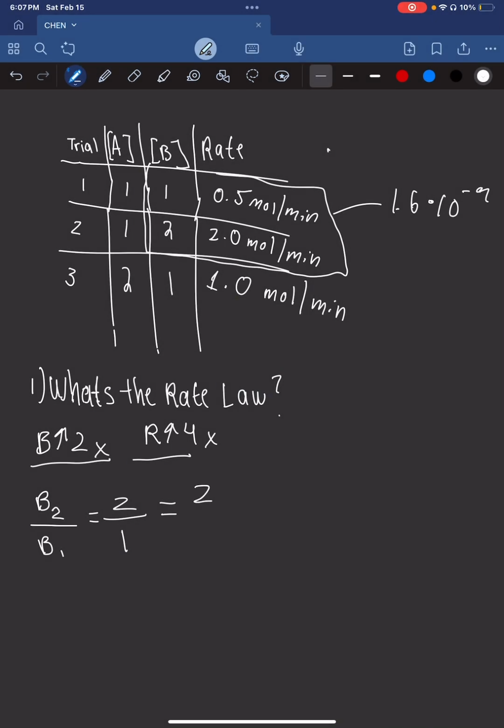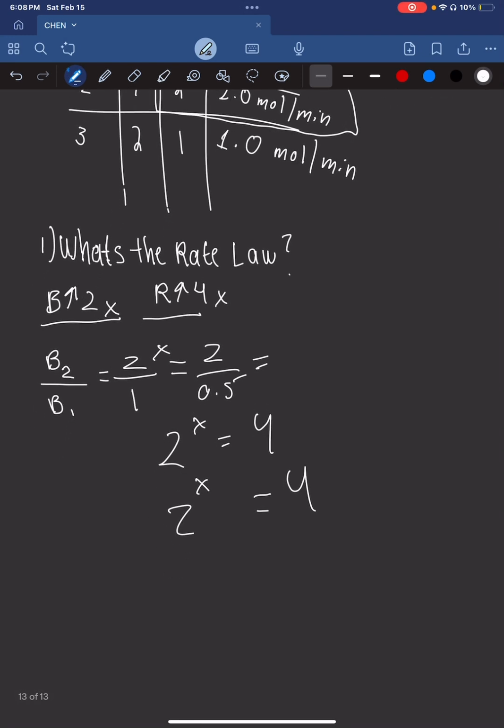So it's going to be 2 to the x is equal to 4. So then you just see that this has to be 2.